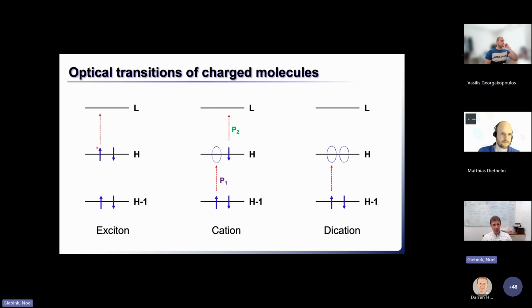For example, if we take one of the electrons out of the HOMO, we now have this partially vacant HOMO, or really a SOMO, and that opens up two new transitions, one from lower lying molecular orbitals up into that SOMO, and then one of the remaining electrons up into the LUMO. We call the lower one the P1 transition, and the upper one the P2 transition. And then if you were to doubly oxidize the molecule, you now have this dication transition, this single transition here.